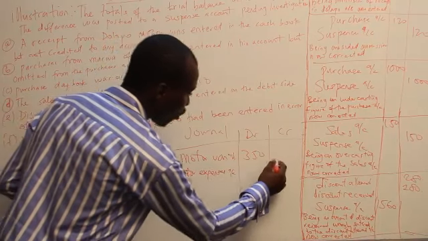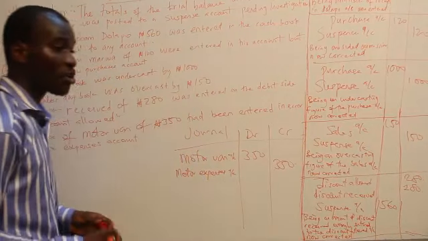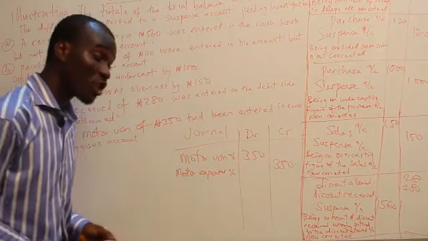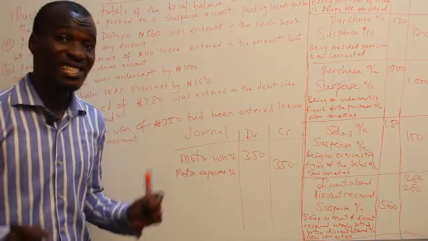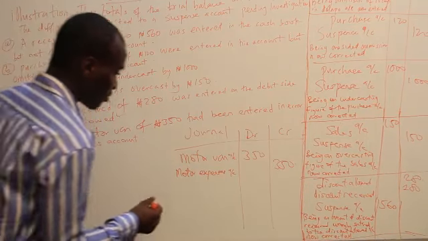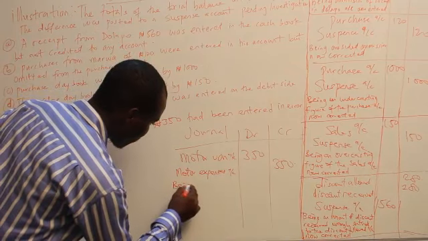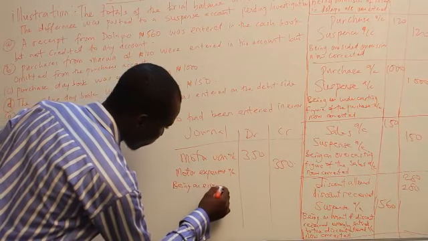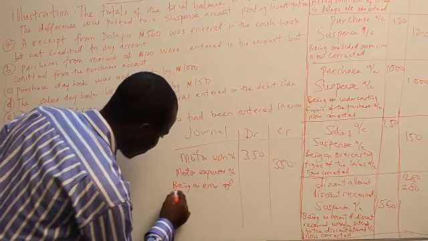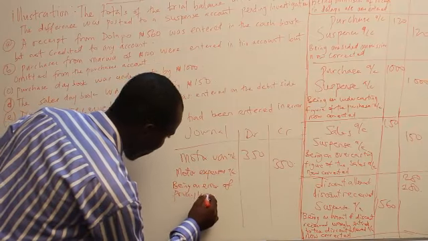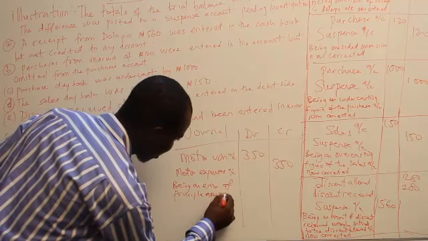So this does not involve suspense account, which means the categories of error that do not affect the trial balance will not be recorded in the suspense account. So, being an error of principle, now corrected.